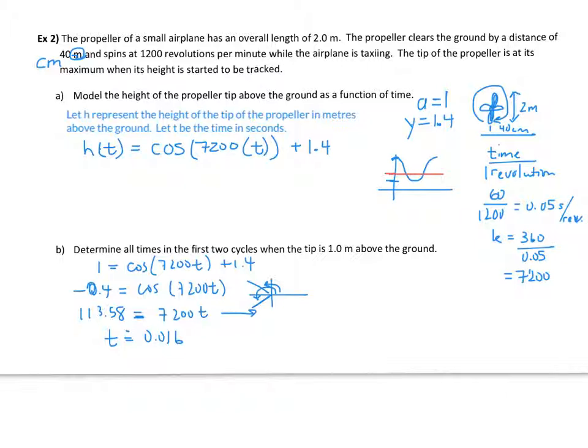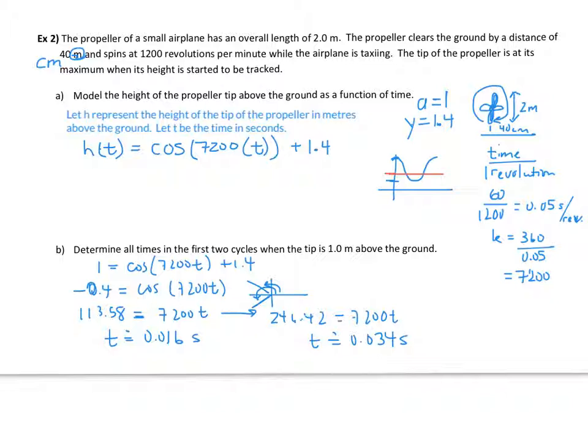That's going to give me 246.42 roughly, equals 7,200 t. And then I'm going to divide by 7,200, and I get that t is also approximately equal to 0.034. Okay, so that's in seconds.